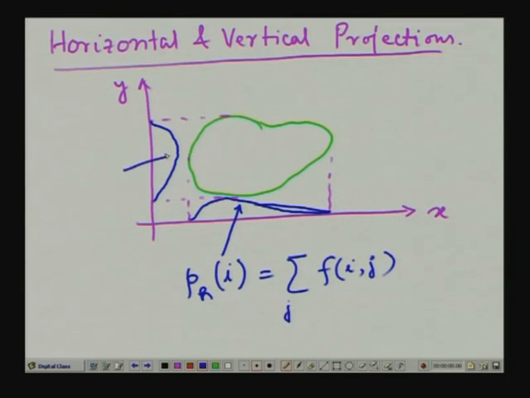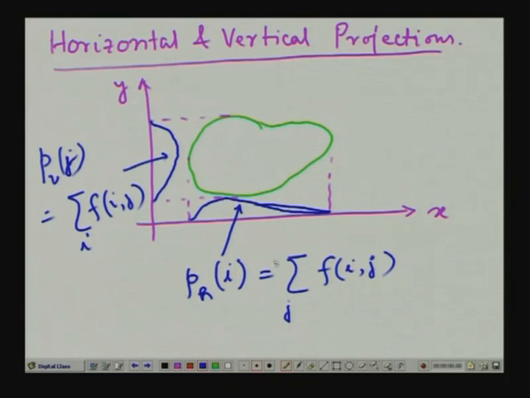Similarly, this projection I call the vertical projection, say PVJ, which can be computed in a similar manner. It will be the summation of Fij, where now the summation has to be taken over I.